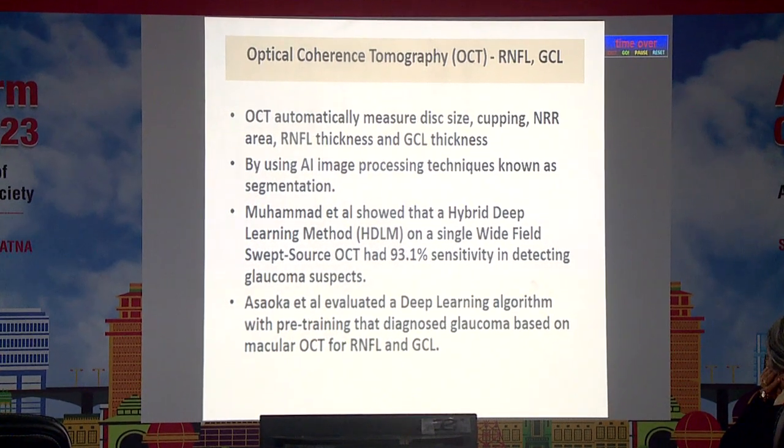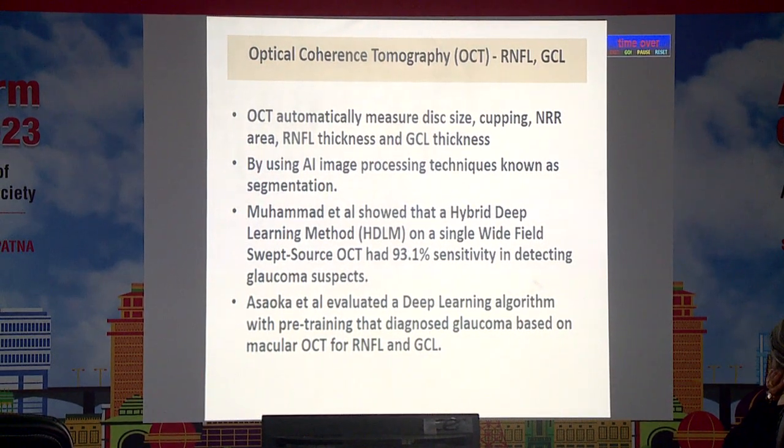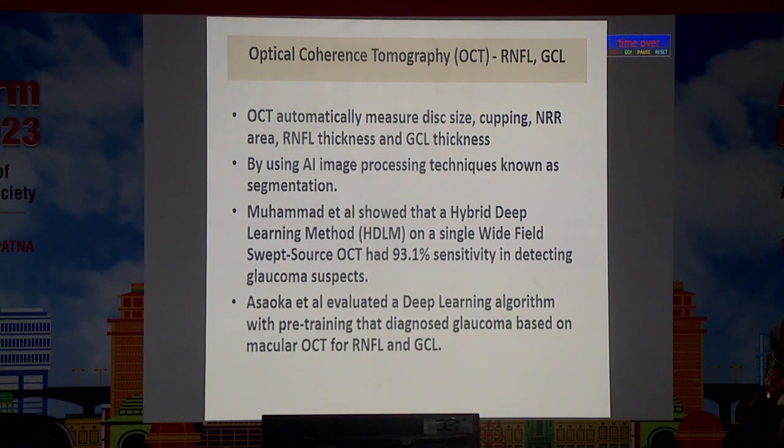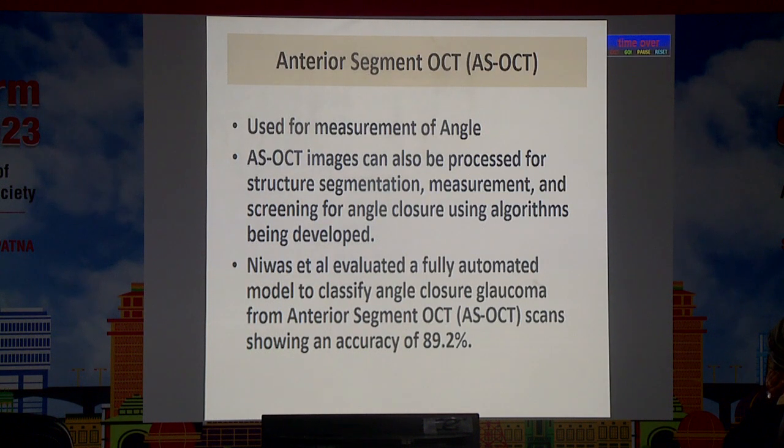Ashoka et al. have evaluated a deep learning algorithm with pre-training that diagnosed glaucoma based on macular OCT for RNFL and GCL. Likewise, for the anterior segment also, we have algorithms which can analyze and depict whether the patient has got the kind of angle closure the patient can have.